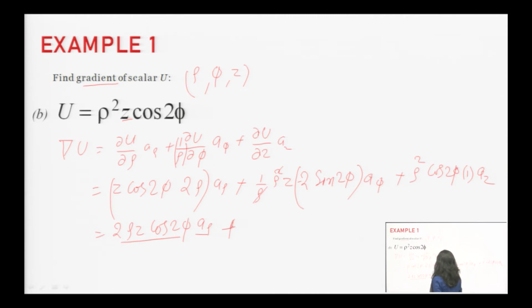So we replace this plus by minus: 2 rho z sine 2 phi a phi, plus rho square cos 2 phi a z.